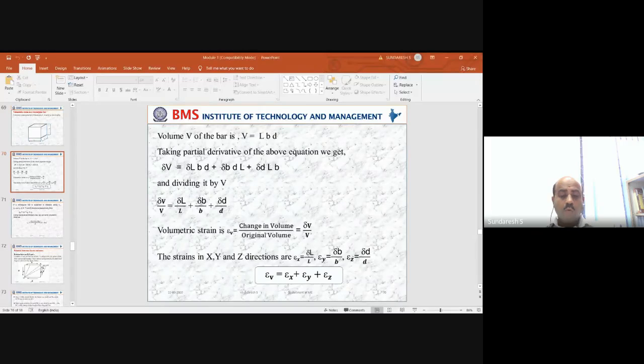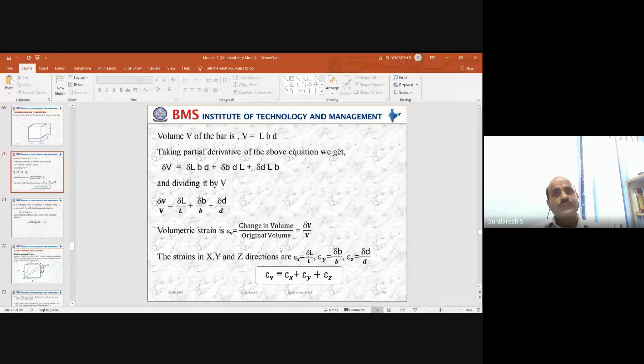Now, with this derivation and conclusion, epsilon V is equal to epsilon X plus epsilon Y plus epsilon Z. Now let us assume that the block is being subjected to three mutually perpendicular stresses, that is, stresses along the X direction, Y direction, and Z direction.